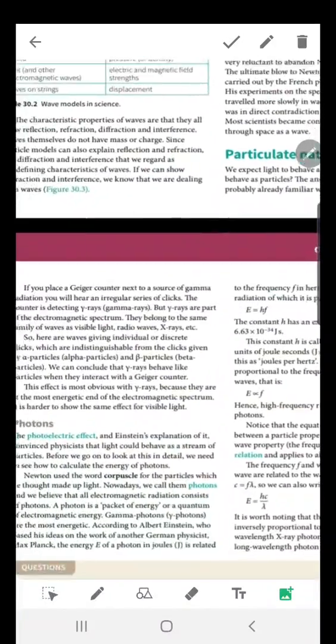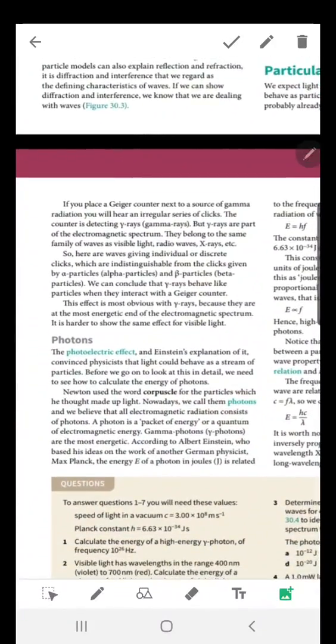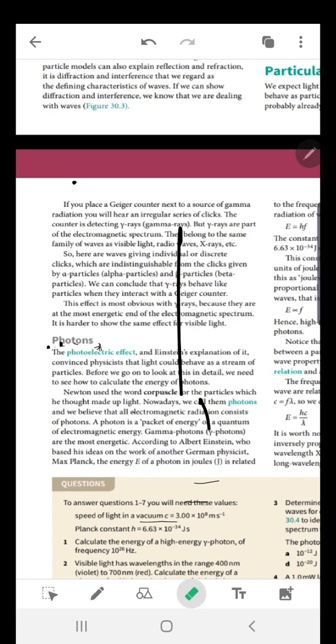So one of the scientists, if you guys remember the Geiger counter, I hope from grade 10, you remember how to detect gamma rays and stuff. The EM wave was bombarded onto some particle, and there was a counter over here.